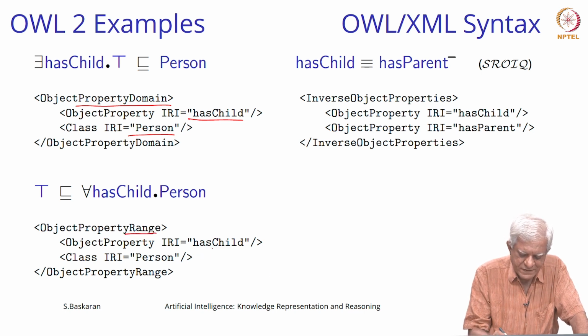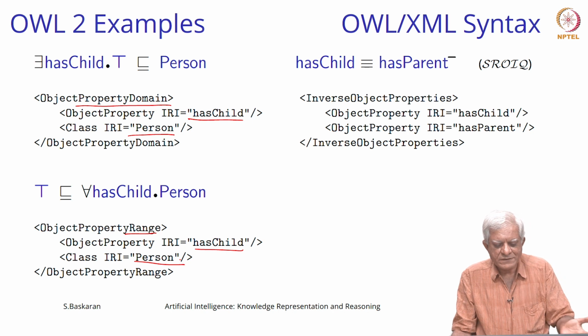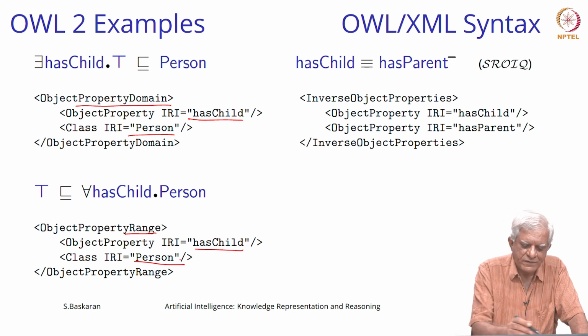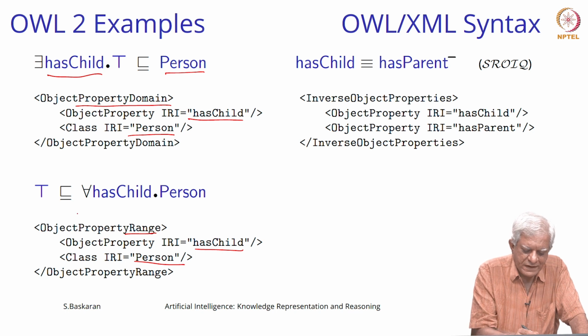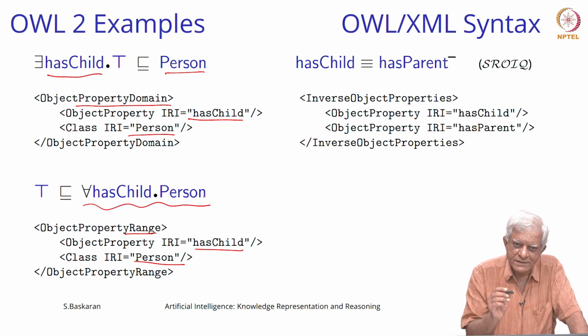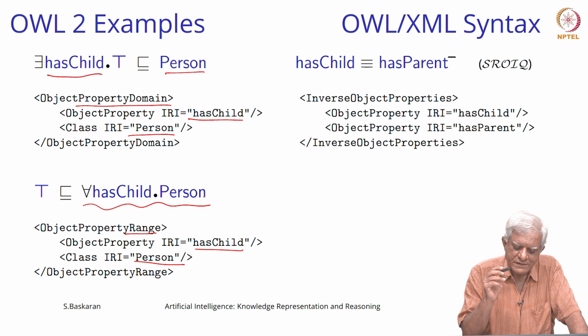The range of has child is also a person essentially, and you can express them in description logics as shown here, that if you have at least one child, then you are a person, and that everyone belongs to the class that if they have children, then the child is a person.